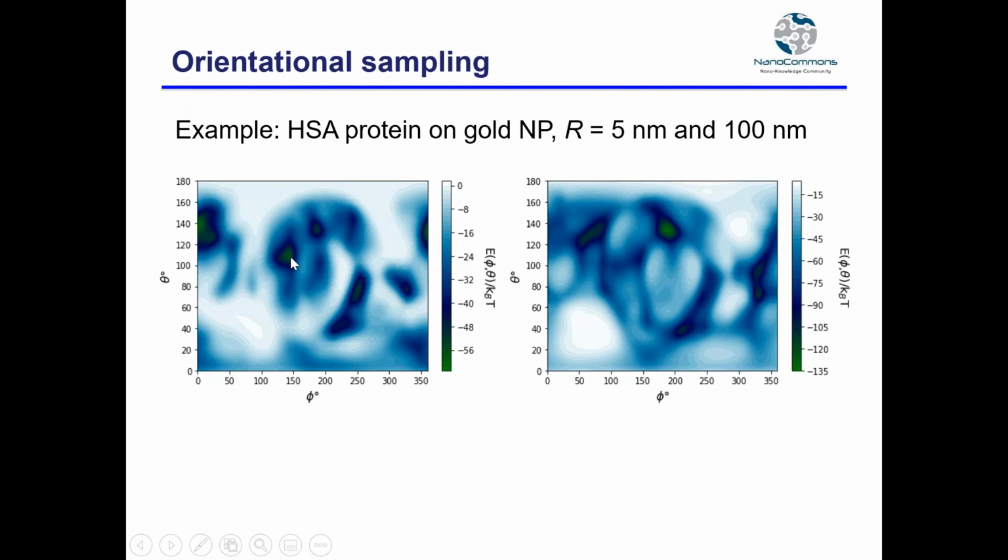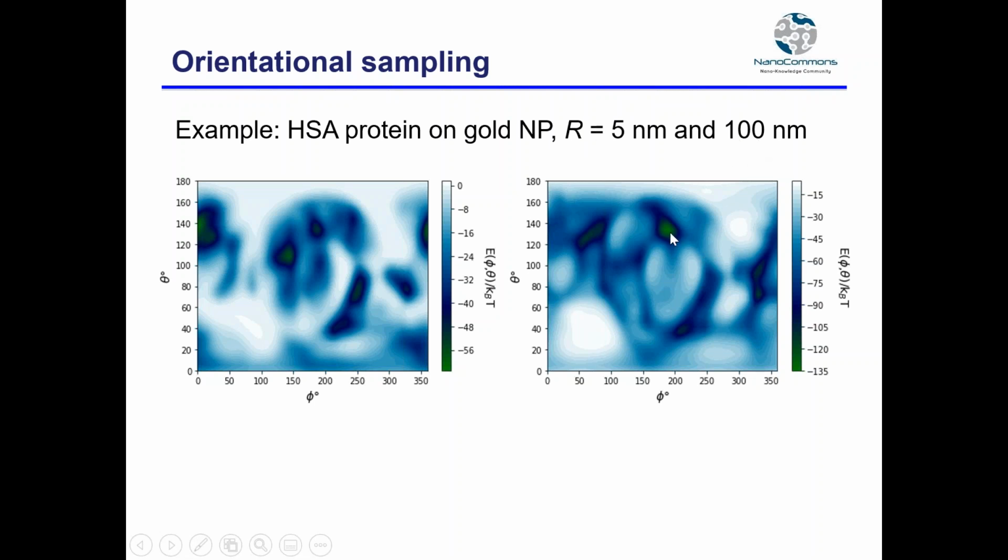And this heat map gives you an idea of preferred orientations. For example, one preferred orientation is about 110 in theta, the polar angle, and 140 in the azimuthal angle rotation. And this is done for a 5 nanometer gold nanoparticle.